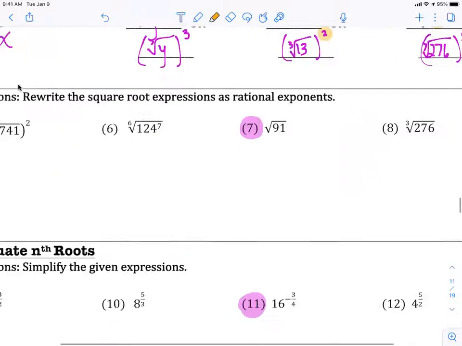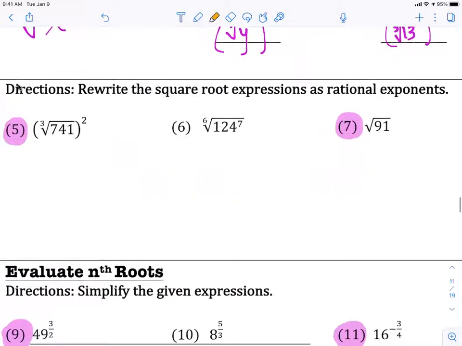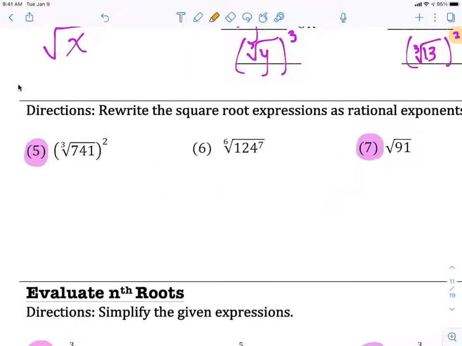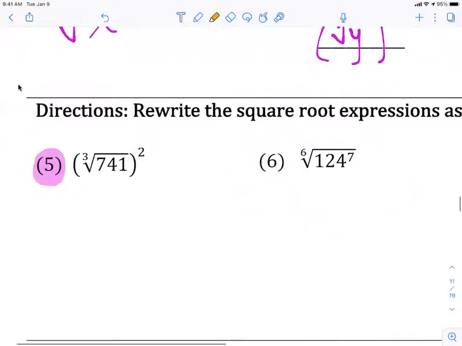Okay, now we could go the other direction. We could convert our root expression and rewrite it using rational exponents. The same thing holds true. Whatever number is outside of your root is going to be the number that goes on the denominator, and the 2 comes up top.